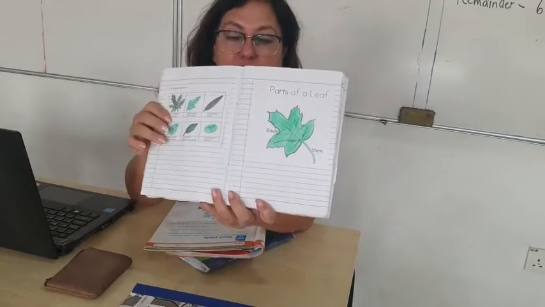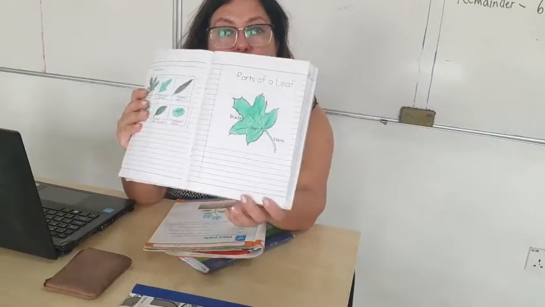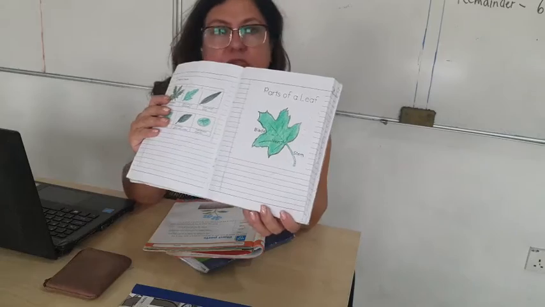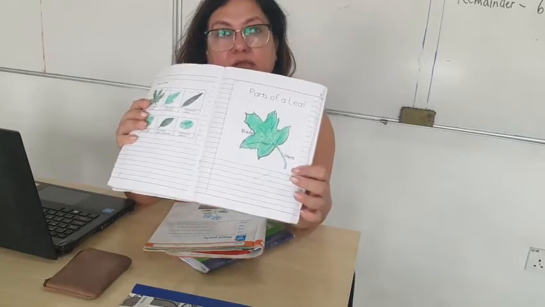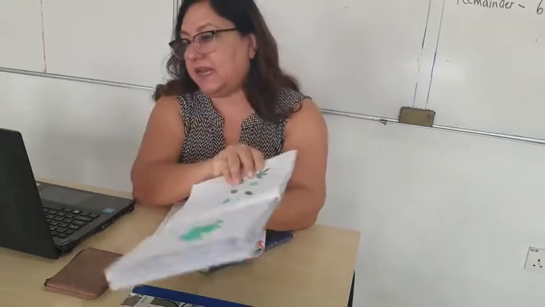If it's in term 1, check your term 1 book; if it's in term 2, check your term 2 book. Maybe it's in term 2, so check. This is blade, vein and stem. You can look at the picture and name the parts of the leaf.